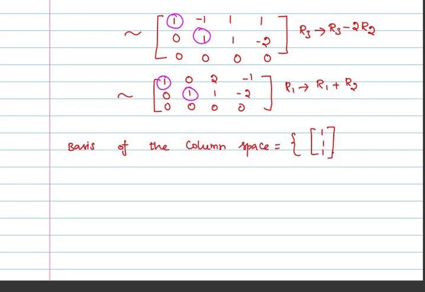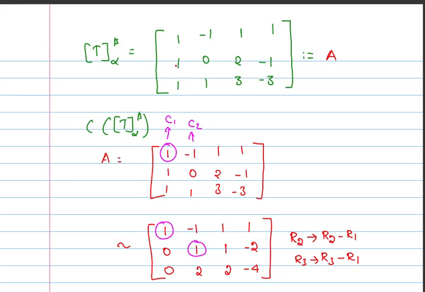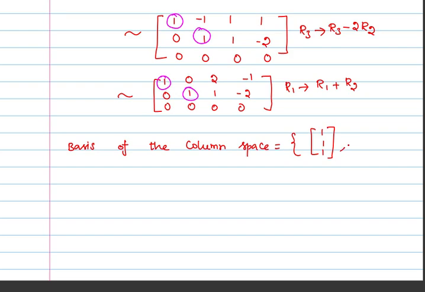That is my C1, correct? My C1 is 1, 1, 1. Then my C2 is minus 1, 0, 1. This is my column space basis.